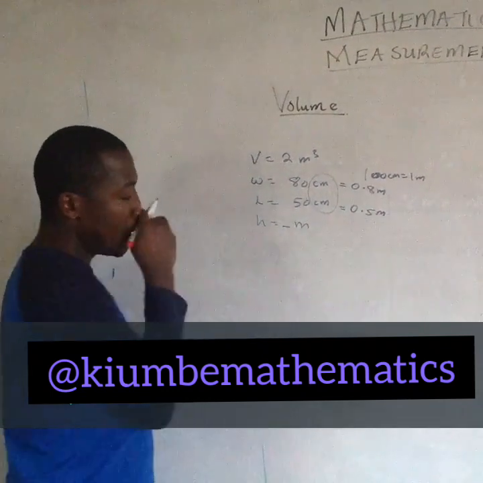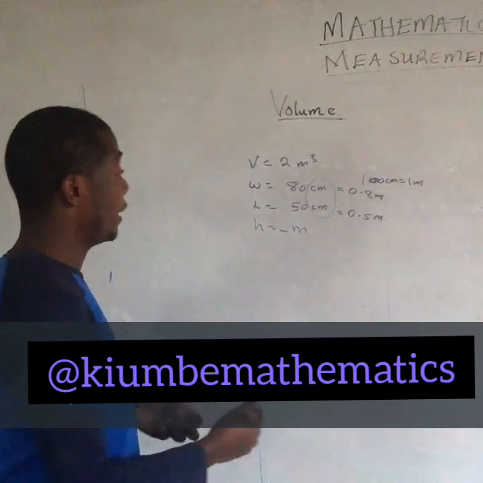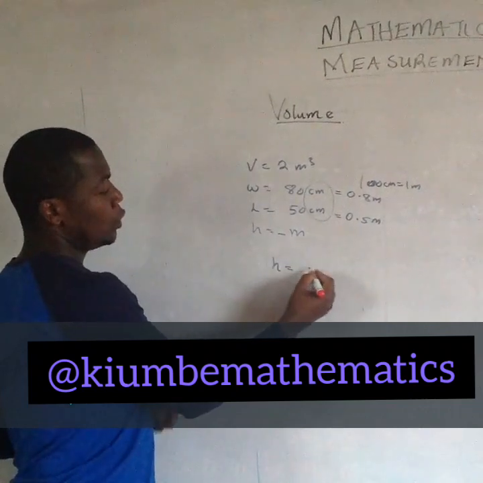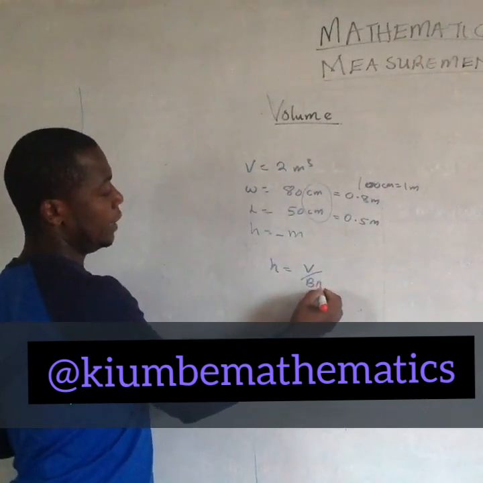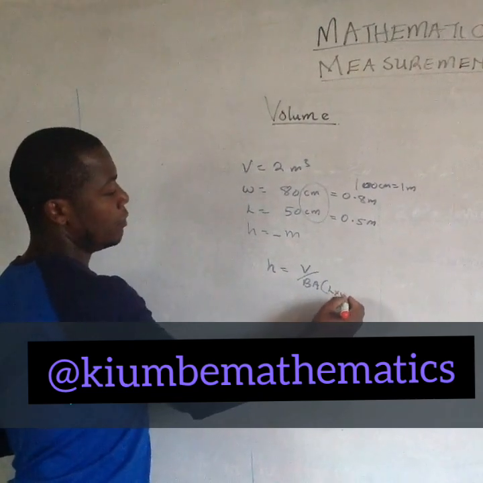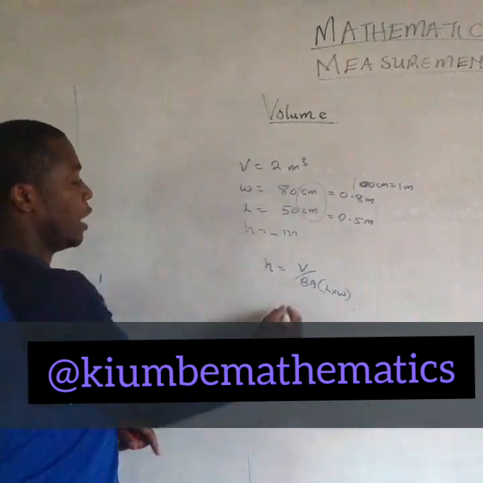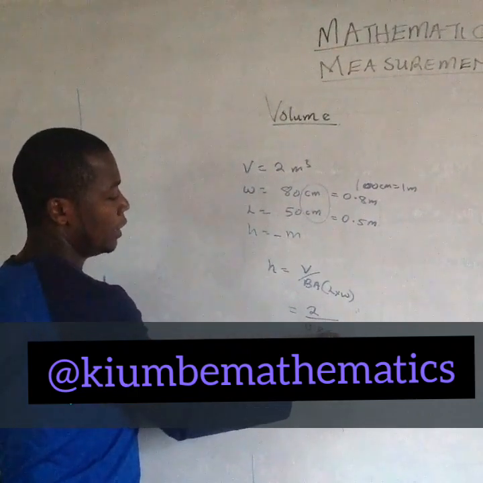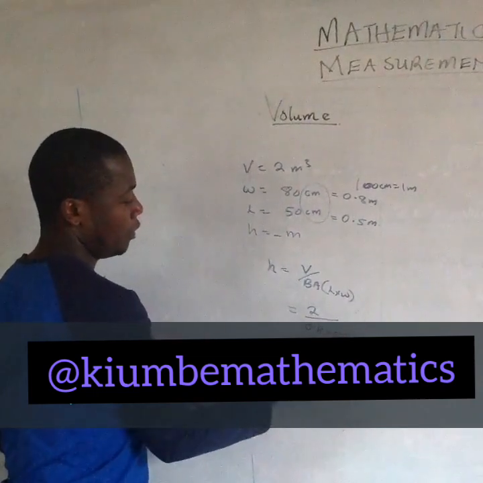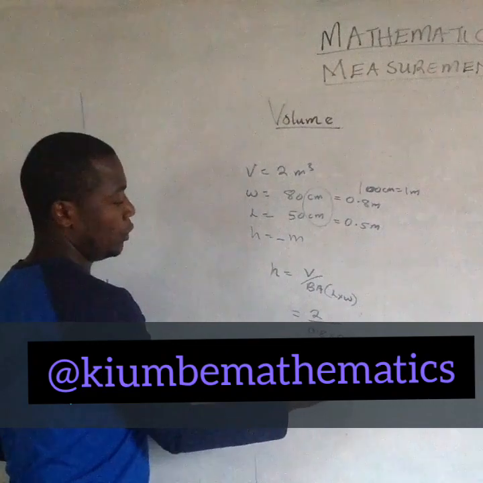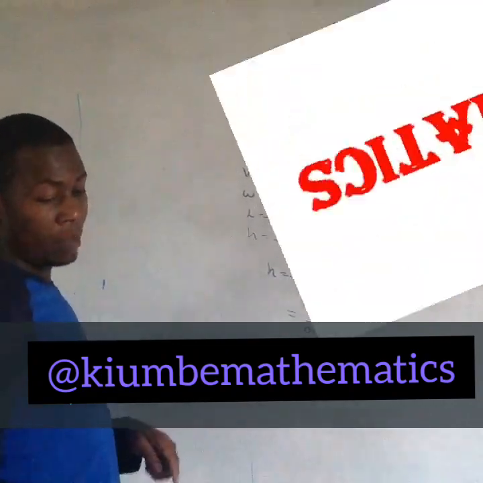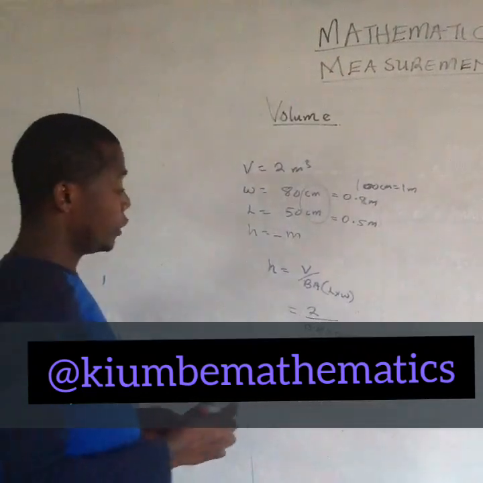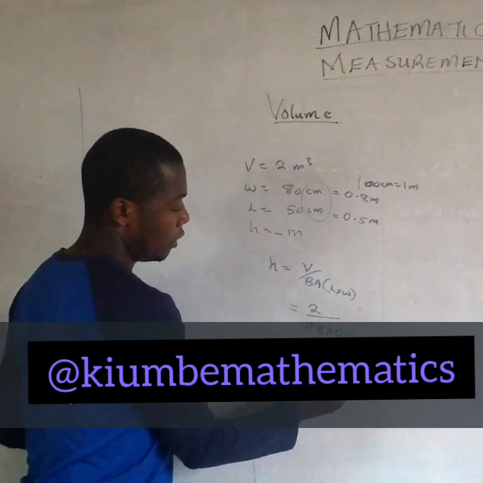Therefore, when you go to our formulas, there is somewhere we have seen that height is equal to volume over base area. And basically base area we can say is length times width. Therefore, we shall have height to be volume, which is 2 divided by 0.8 times 0.5, which is 2 divided by 0.4.